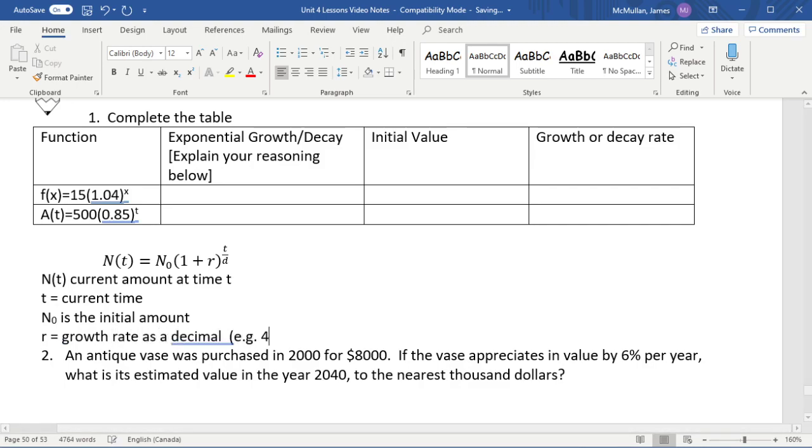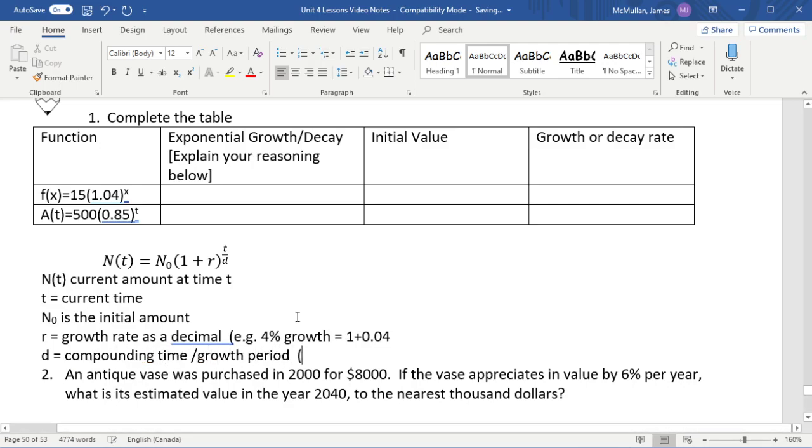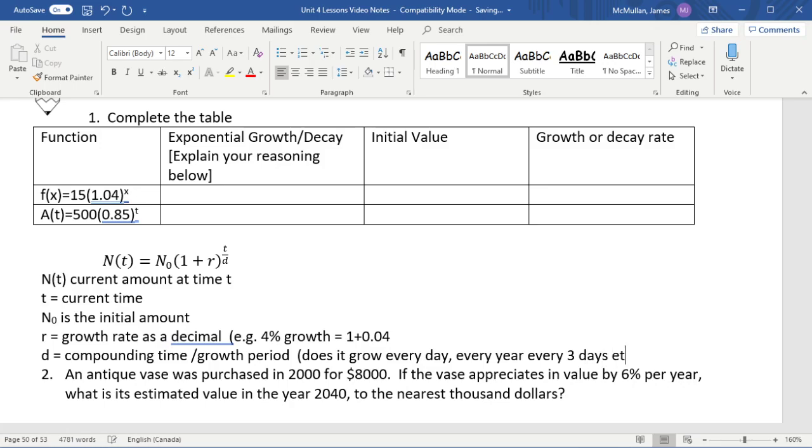So for example, 4% growth equals 1 plus 0.04, right? The 1 plus r would be 1 plus 0.04. Finally, d is the compounding time, or the growth period. So does it grow every day, every year, every 3 days, etc.?